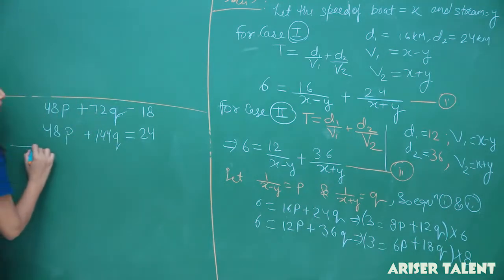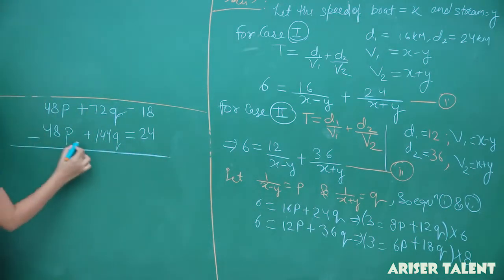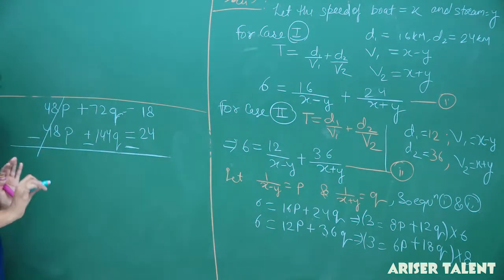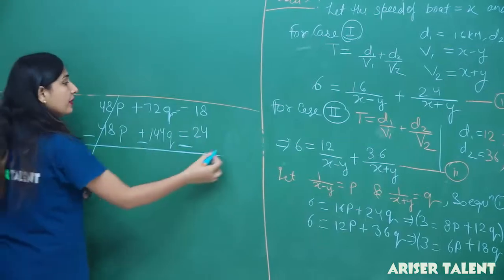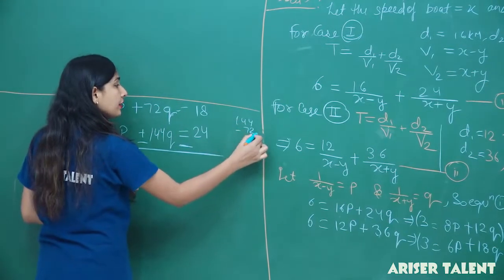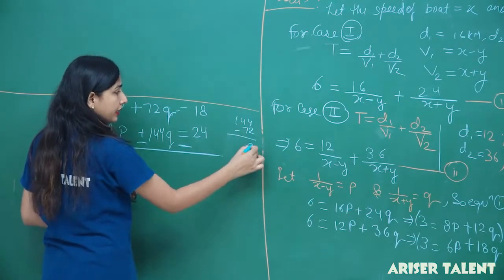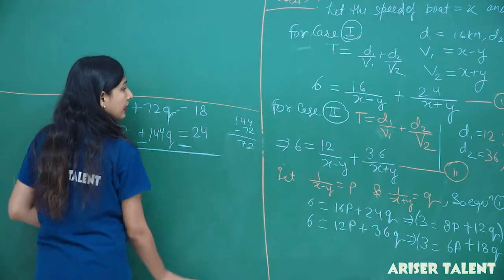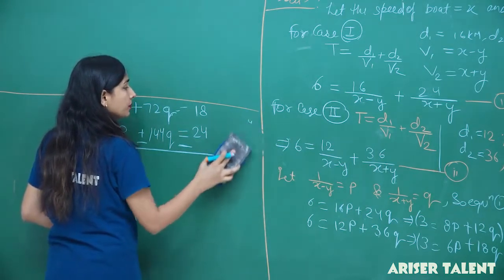From these two equations, I just can subtract. If I subtract, that will cancel out, and there will be 144 minus 72, that will be 72.